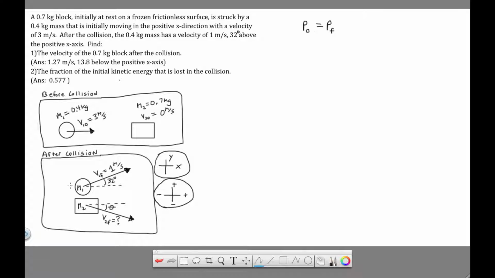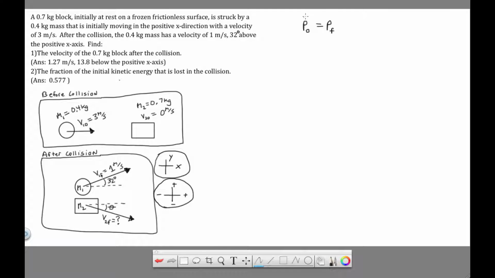But for a two-dimensional situation like this, we have to apply conservation of momentum to the x direction and the y direction separately, just like we did with projectile motion, just like we did when we summed forces. The x direction and the y direction are perpendicular to one another and don't affect each other.